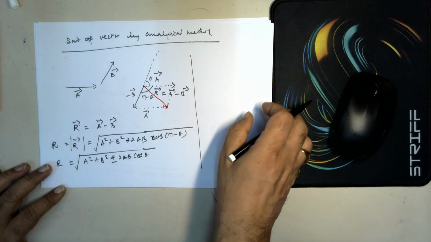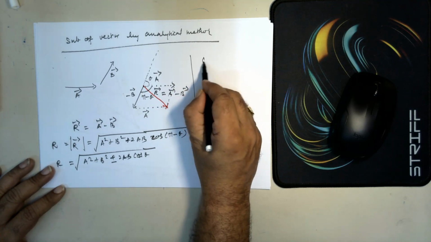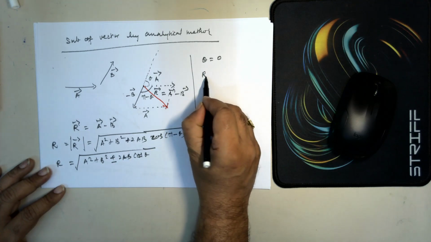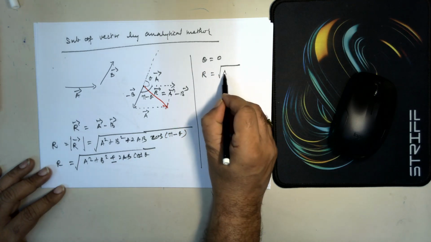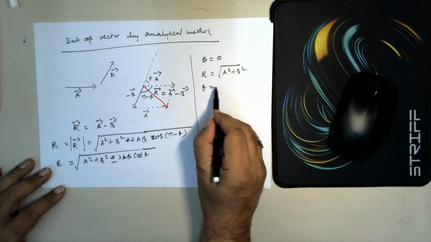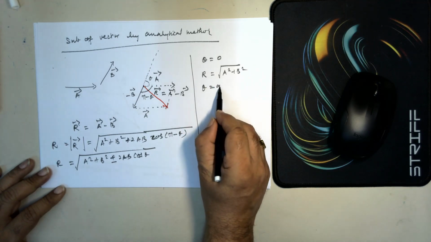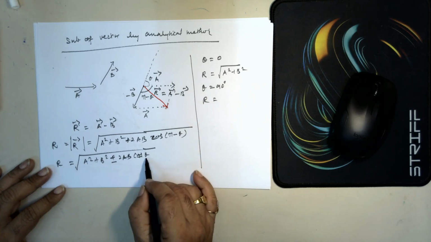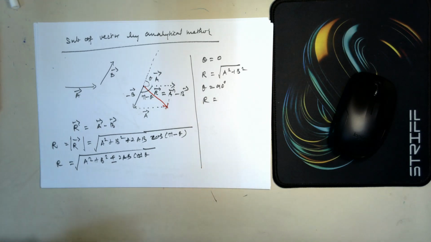Let us consider the various cases. When theta is equal to 0, what happens here? Cos 0 is 1.